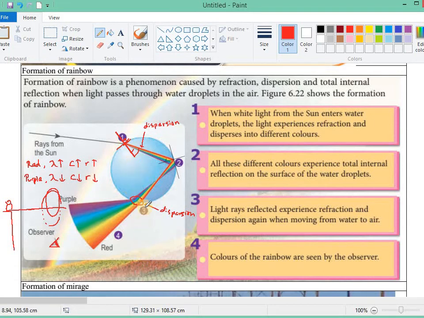Maybe it just rained, or some faraway places are still raining. So you can see water droplets in the sky in front of you, and the sun is at your back. Then you can see a rainbow.